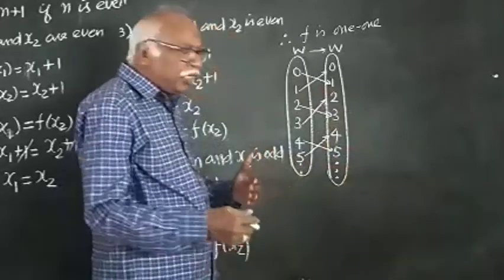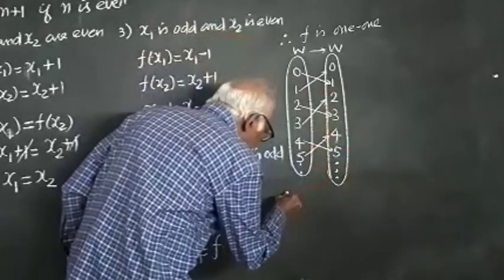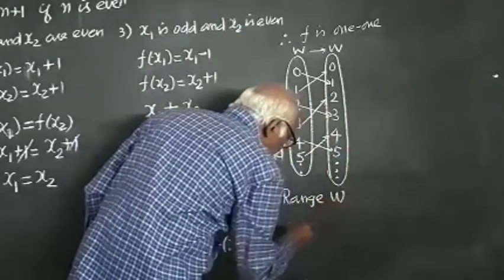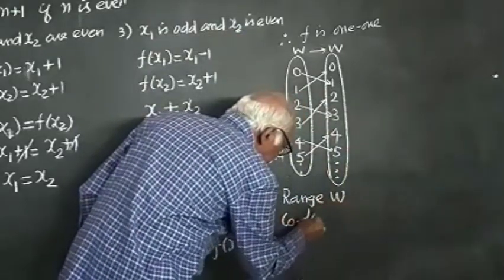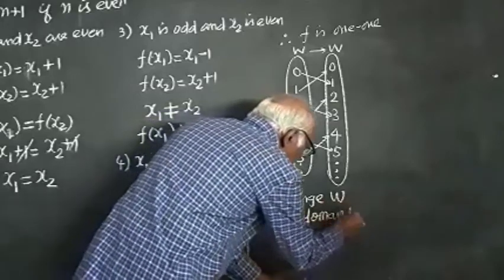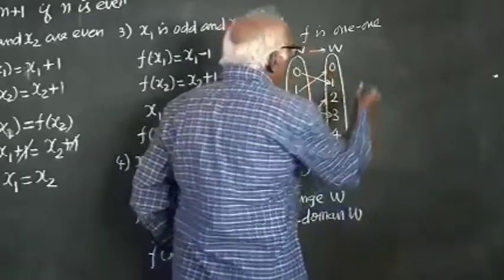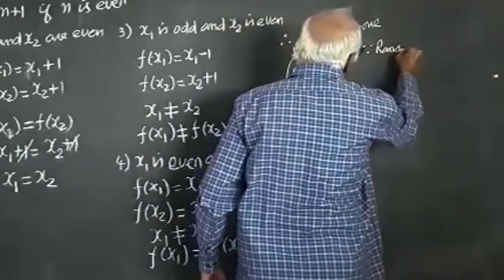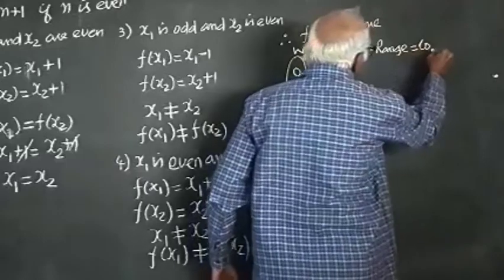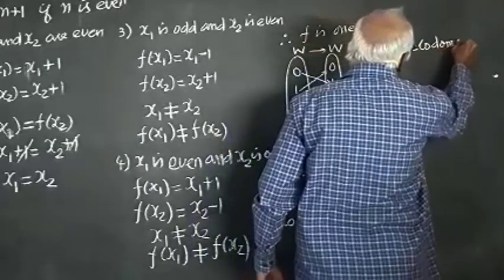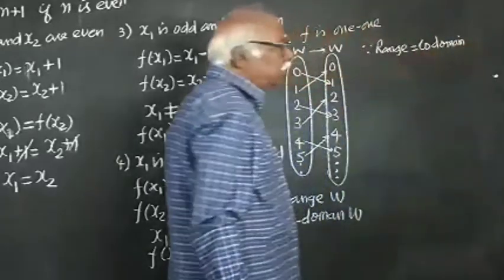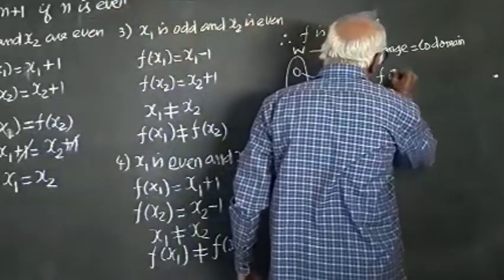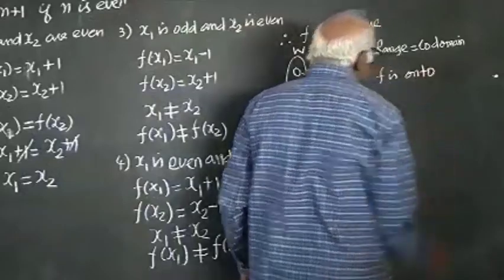Therefore, what is the range? Range is W. What is the codomain? Codomain is also W. Since range is equal to codomain, f is onto.